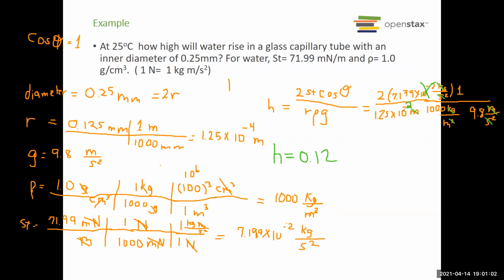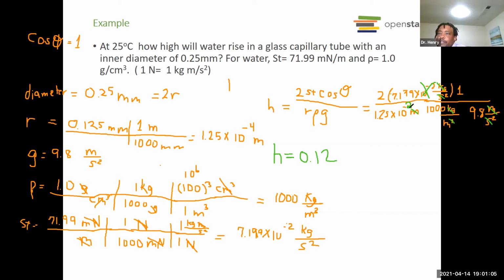Okay, so if we go 1.2 times 7.199, and we divide that by 9.8 and 1.5 divided by 10, you're going to end up with 0.12 meters, or 12 centimeters.